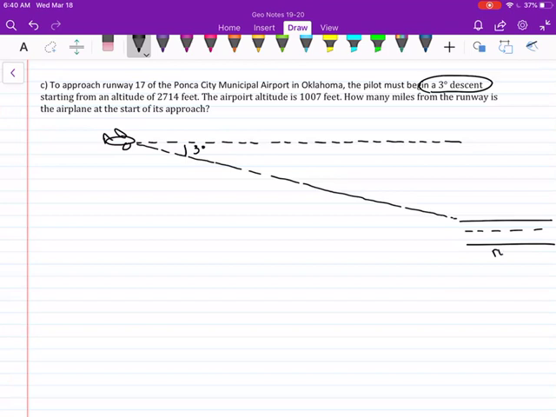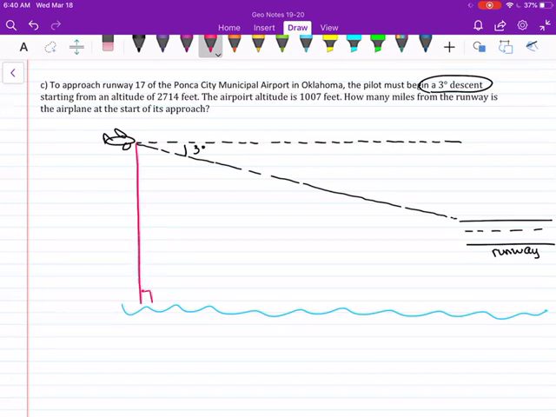Okay, here's my runway. And we know that here is sea level. And when we are at sea level, the plane is 2,714 feet from sea level, and the runway is 1,007 feet above sea level. That's what altitude means. It means distance above sea level.